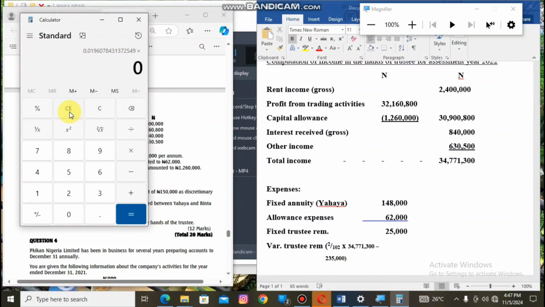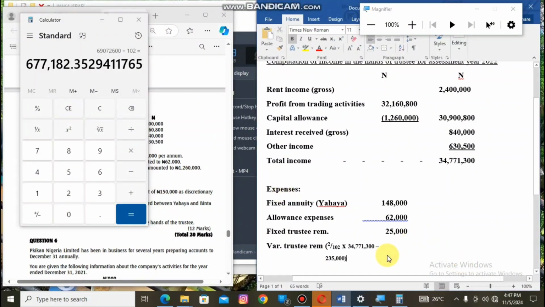Let's just work that. 34,771,300 minus 235,000, then times 2, divided by 102, gives us 67,182.